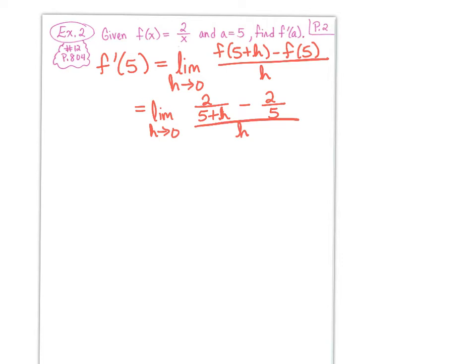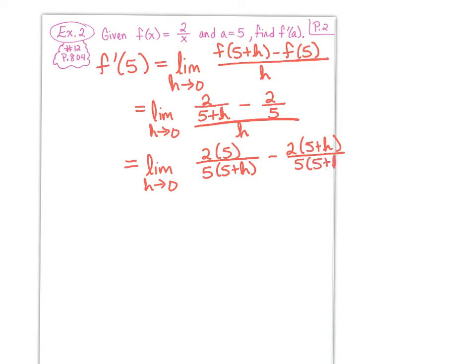Okay? Good. So now what you can do, you can find a common denominator in your numerator. That would be 5 times 5 plus h. So this would be the limit as h approaches 0 of 2 times 5 over 5 times 5 plus h minus 2 times 5 plus h over 5 times 5 plus h.